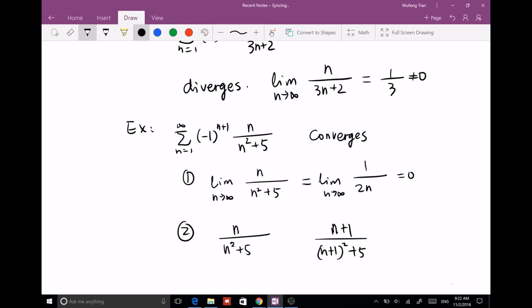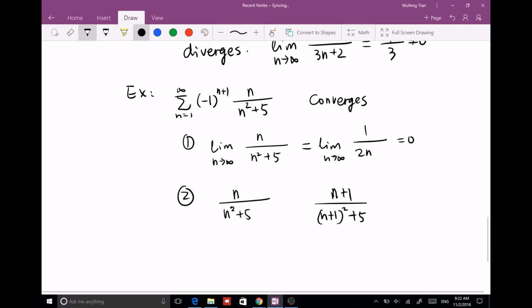How do you compare these two? How do you know this is decreasing? Well, the n plus 1 squared in the denominator is going to increase much faster than the n squared in the original, so I figured that one was going to be a lot smaller value. Okay, so this one is bigger than this one.